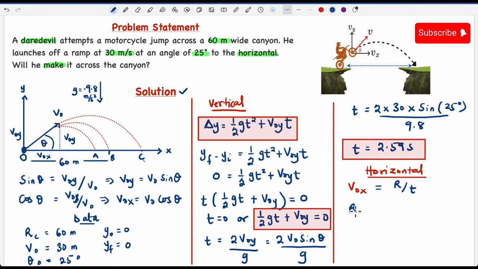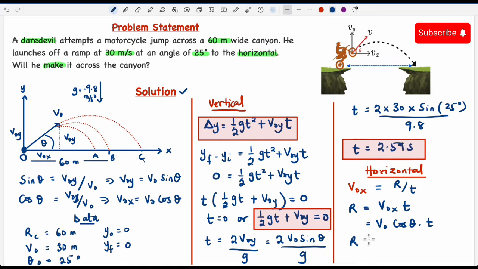Therefore, the range that this daredevil is going to travel would be that initial horizontal speed times the time. So the initial horizontal speed in this case is v naught cosine theta times time, and the time we already know it will take him 2.59 seconds to travel that horizontal range.